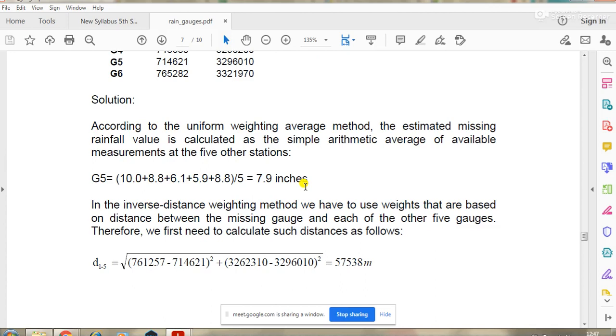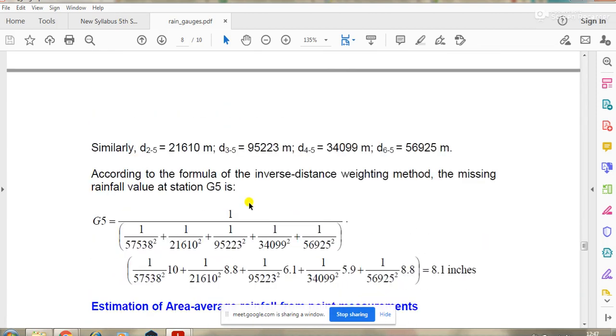But in case of the inverse distance weighing method, they have taken care of more number of factors, and from that one, what they have got is a value which will be calculated on the basis of the distances available, and each of the areas will be having different values of distances from that station, and from there they have got the value as 8.1 inches, which is more accurate.